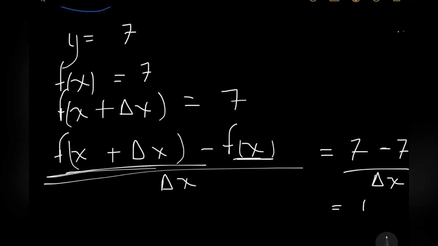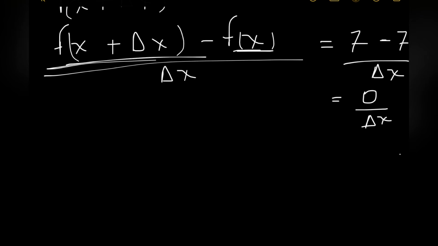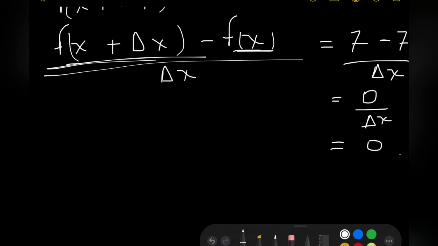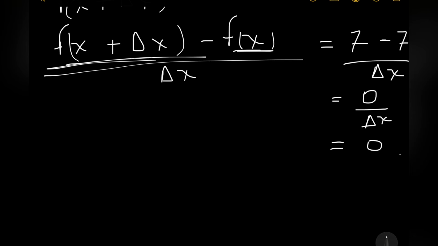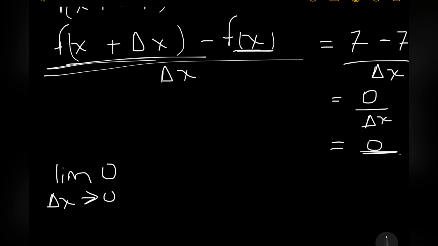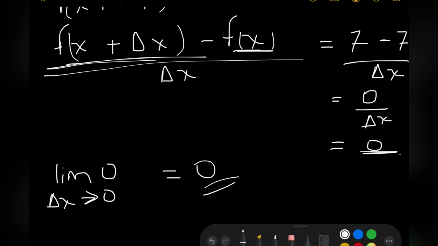This would result in 0 over delta x. And this would be equal to 0. In our final step, when we find the limit of this 0 as delta x approaches 0, we get 0. So we see that it doesn't matter what constant we have, we will always get a 0.